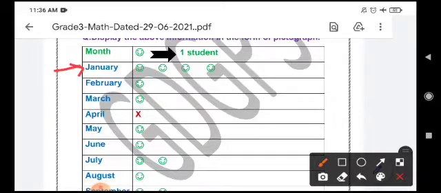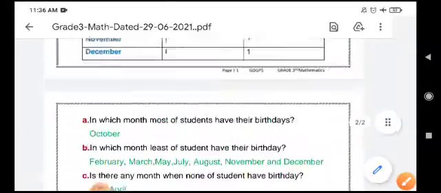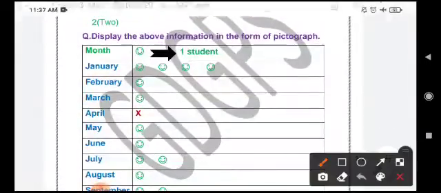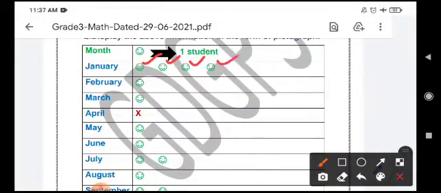So for the students, you are going to use the picture of a smiley. You are going to draw a smiley for one student. This smiley represents one student. And in the month of January, we are having how many birthdays? 4 students' birthdays. So we are going to draw 4 smileys like this. In the month of February, 1 smiley.